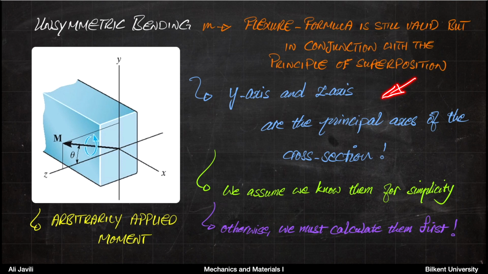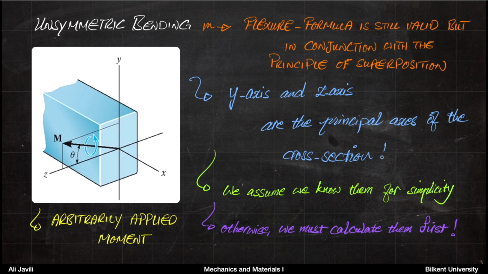This is a rather geometrical problem. We are not interested in that, but you can also solve it by solving for the principal axes first and then solving the bending problem. Here we assume that we know the principal axes for simplicity, otherwise you need to calculate them first.